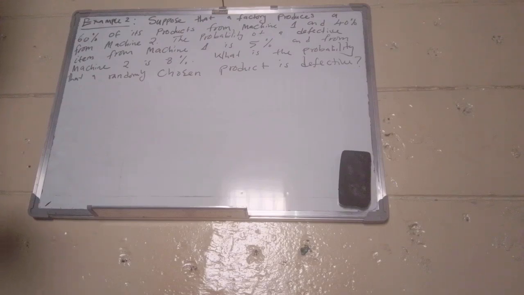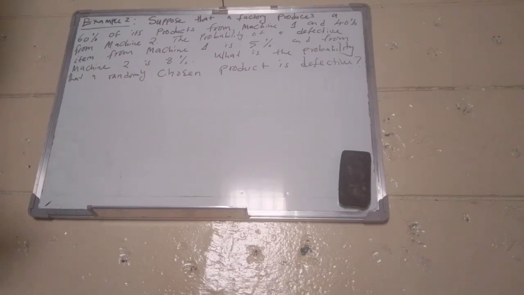The probability that a product is defective from machine 2 is 8%. What is the probability that a randomly chosen product is defective?